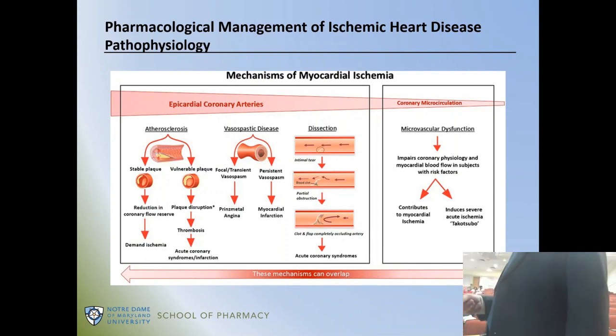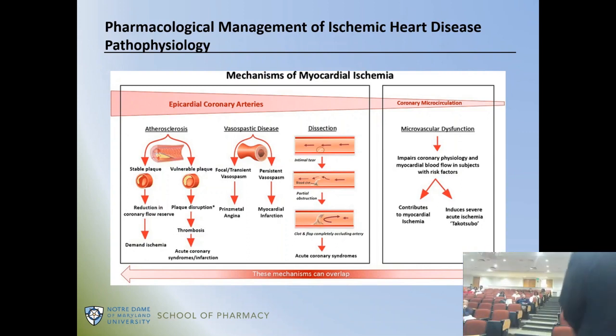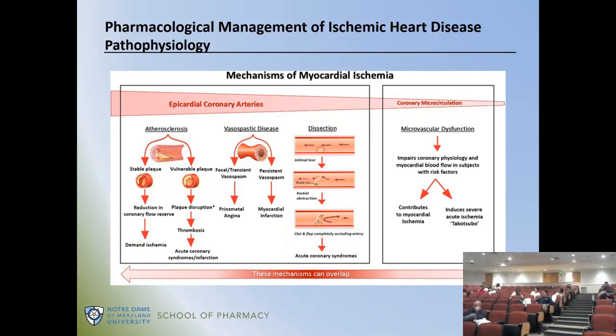Now, as Dr. Naeem is going to talk to you, there are two different types of plaques that can form in the coronary circulation. These are called stable and unstable plaques. Of the two, you want to have a stable plaque. As the name implies, it has a high degree of stability. It doesn't change.